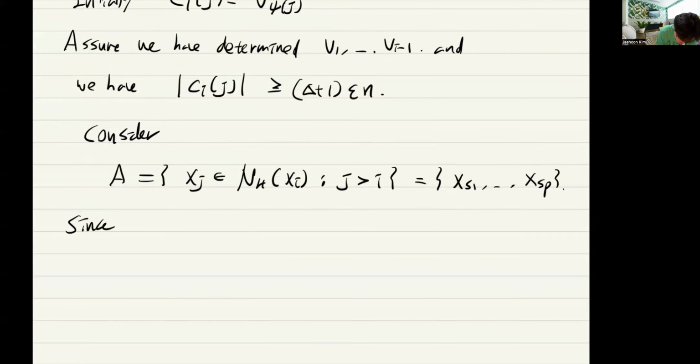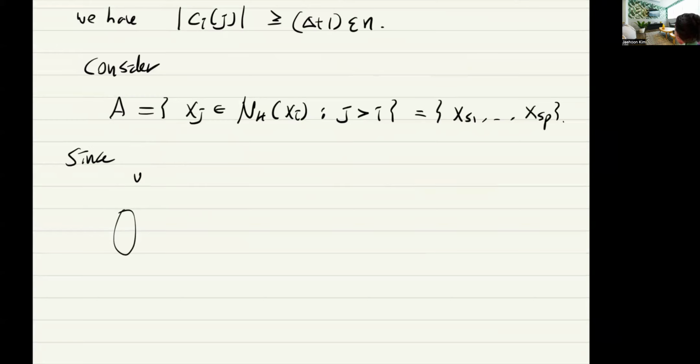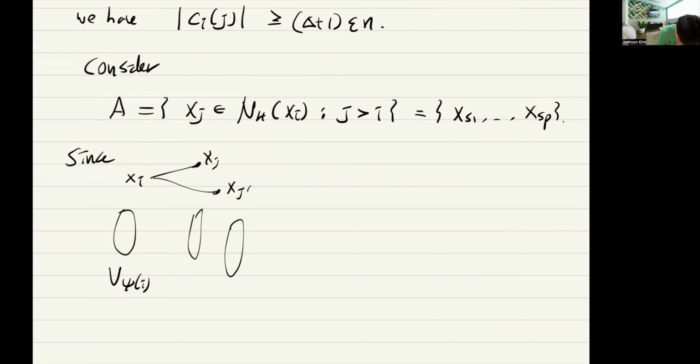Then what do we know? Currently you have Xi that's embedded to V sub psi i, and it has some neighbor, say Xj prime, and you want to embed this into V psi j prime. So you have this candidate set.